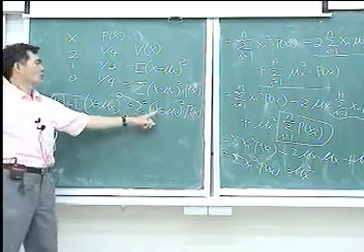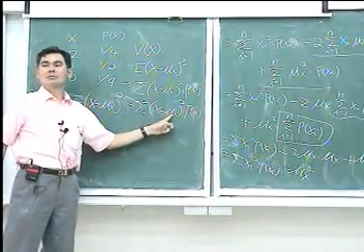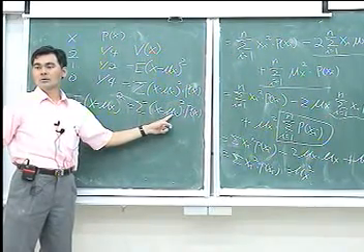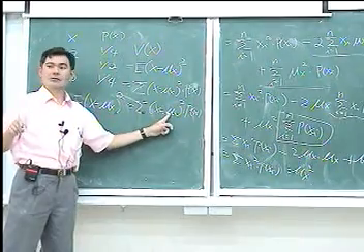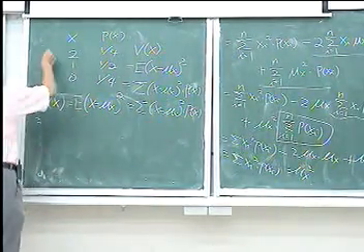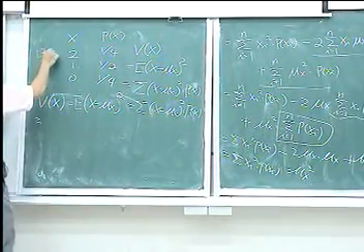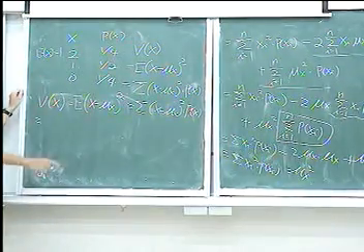We already know what the mean is. Mu x is equal to 1, right? We have just done it. Mu x is equal to 1. Remember, we say the expectation of x is equal to 1, right?